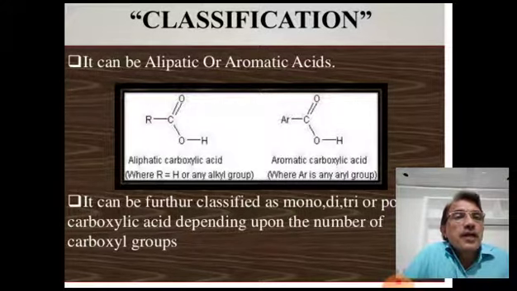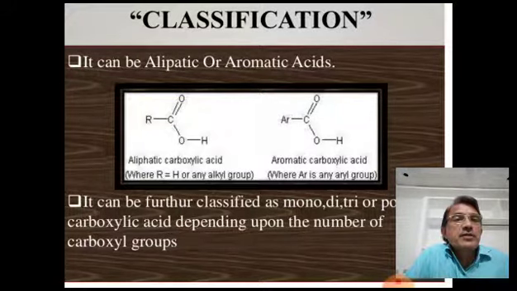Aromatic carboxylic acid is Ar-CO-O-H, where Ar is an aryl group. It can be further classified as mono, di, tri or polycarboxylic acid depending upon the number of carboxyl groups.